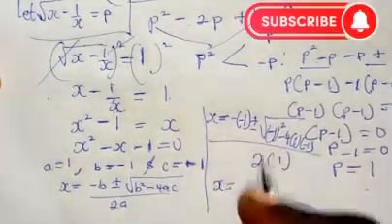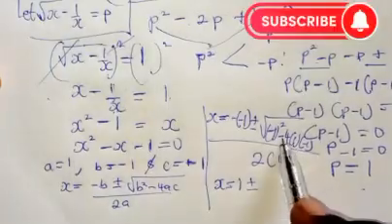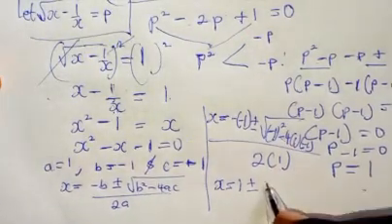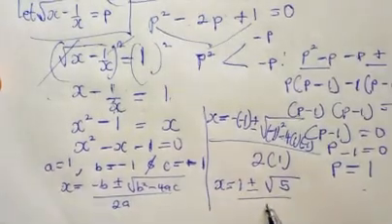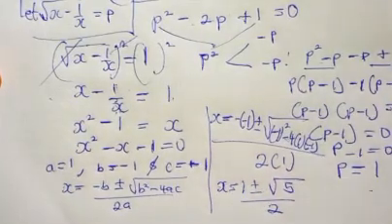So we have x is equals to, here now we have 1 plus or minus, here we have 1, and here we have 4. So 1 plus 4, that's 5. So we have root 5 all divided by 2. So x is equals to 1 plus or minus root 5 over 2.